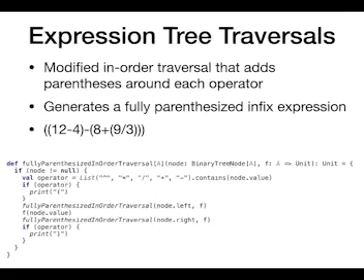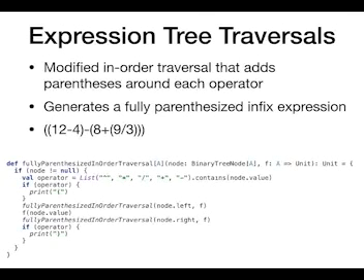Okay, let's revisit our traversals and run some traversals on this expression tree, because, I don't know, why not? I'm going to write a slightly modified version of the Inorder Traversal, and that if I have an operator, I want to add parentheses, and what I want to generate here is a fully parenthesized expression, which means any place where you can have parentheses, add them in.